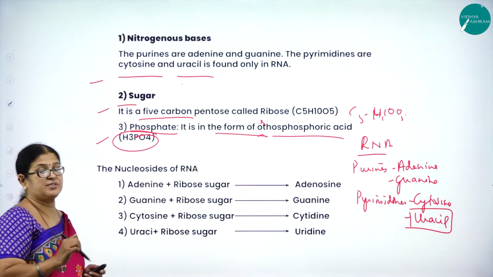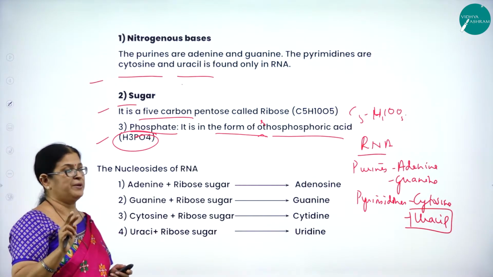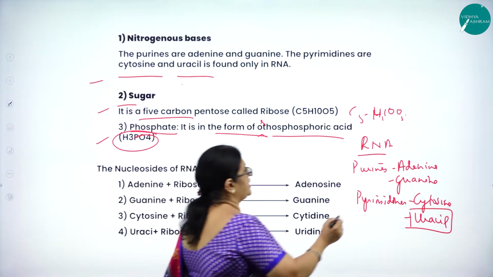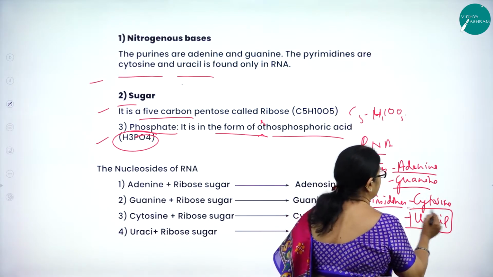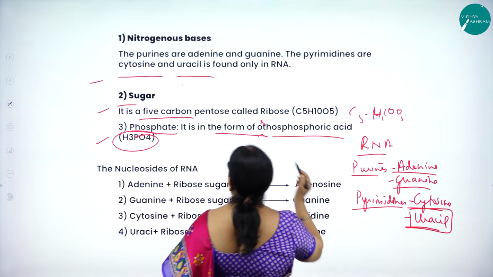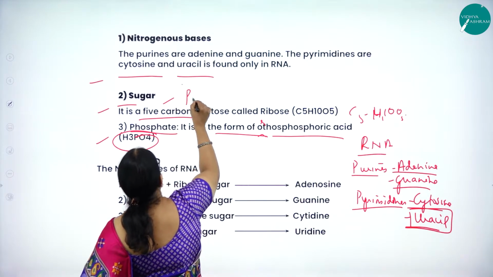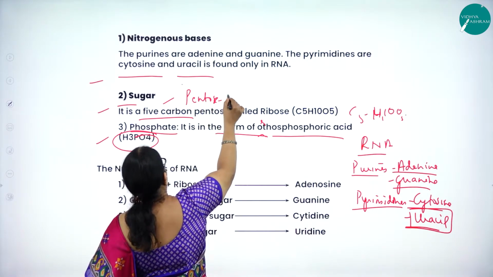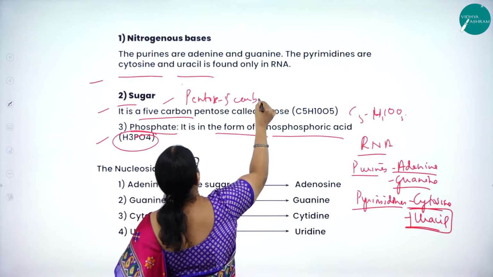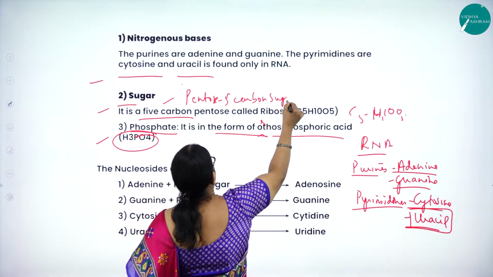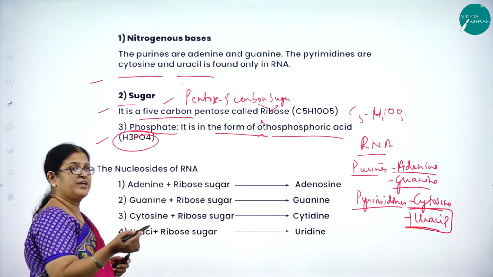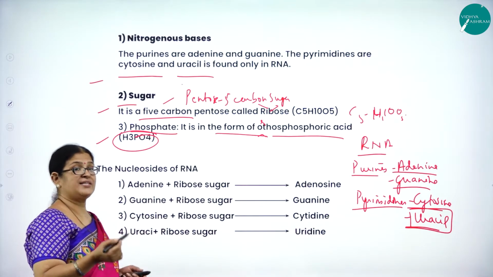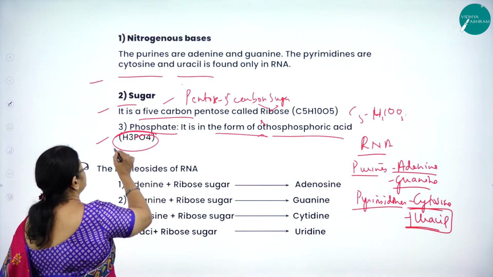The nitrogenous bases: two are purines and two are pyrimidines. In RNA, purines are adenine and guanine, and pyrimidines are cytosine and uracil. With respect to sugar, the pentose sugar, the 5-carbon sugar, here it is ribose sugar. And it also has a phosphate group, hence the name nucleic acid, right? So it has H3PO4.